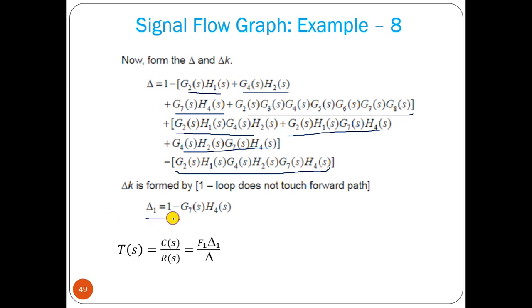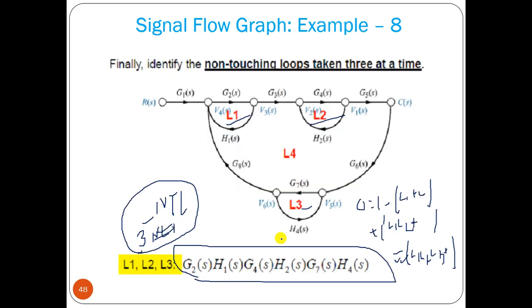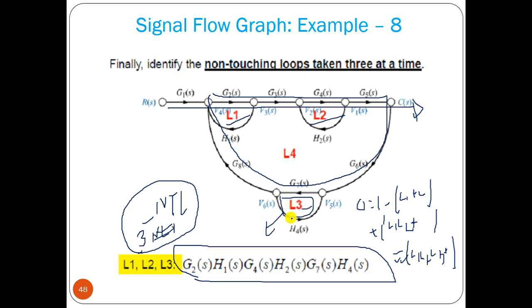Now we can find delta 1. Delta 1 equal to what? If we look at this forward path, we can see L1 is touching it, L2 is touching it, and the bigger loop L4 is also touching it. This L3 loop is not touching this forward path.